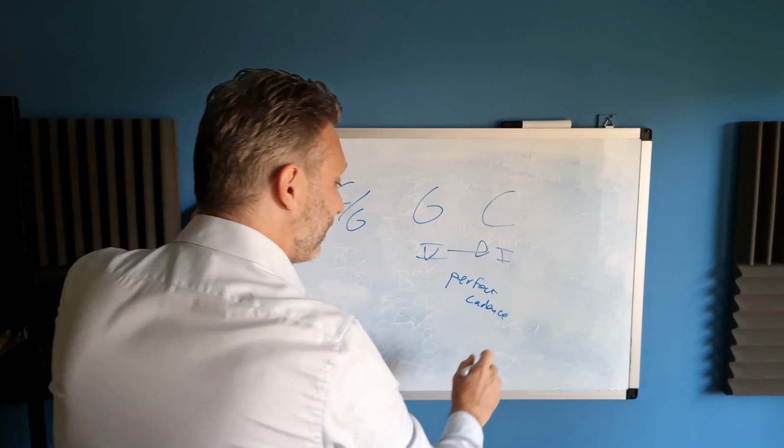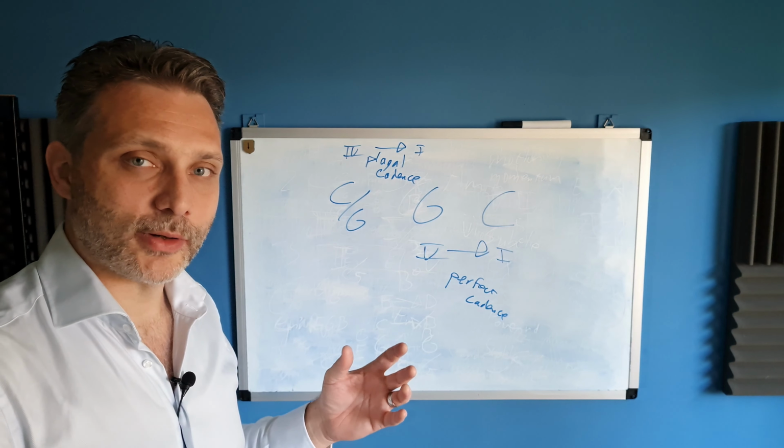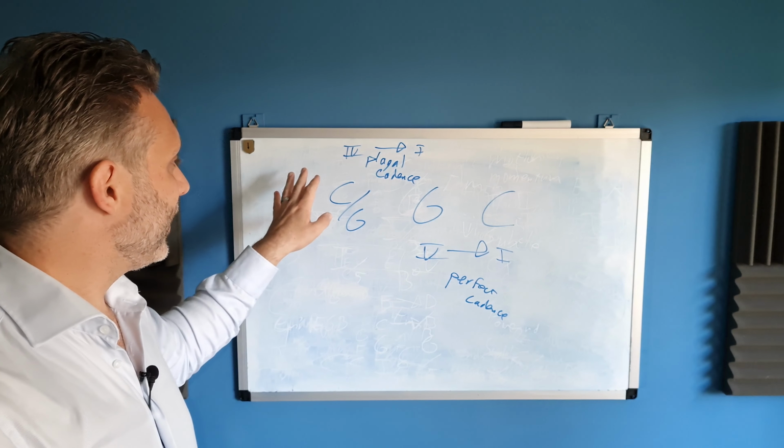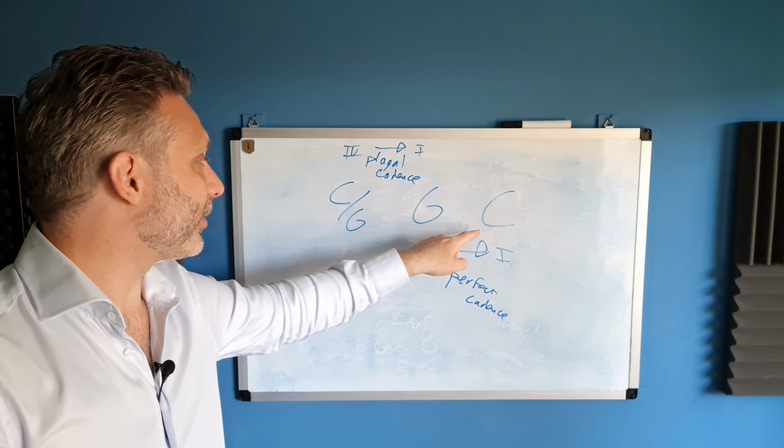And this would be called a plagal cadence. Perfect cadence and plagal cadence. The plagal cadence has a bit more of a church-like sound to it. This uses a plagal cadence moving to a perfect cadence. For now, that's not gonna mean anything to you, but we'll get back to perfect and plagal cadences throughout this course a few times.